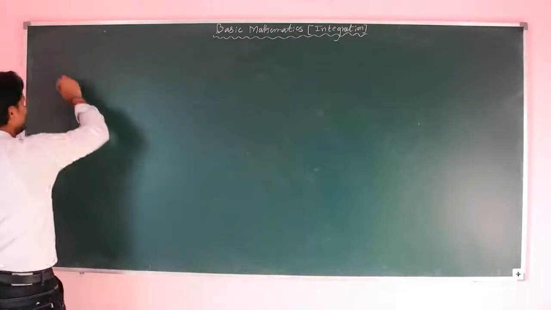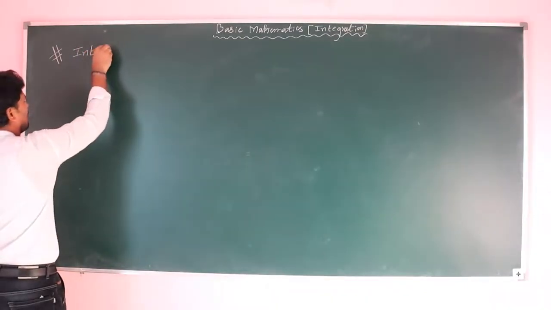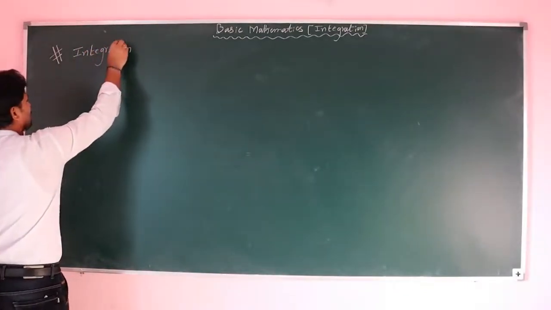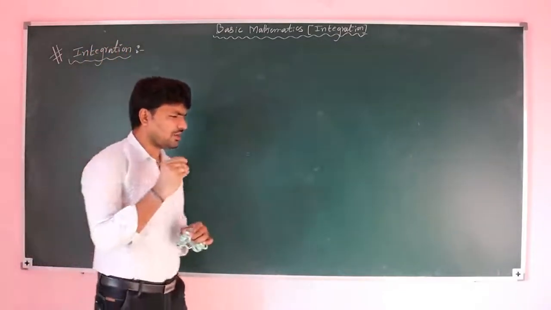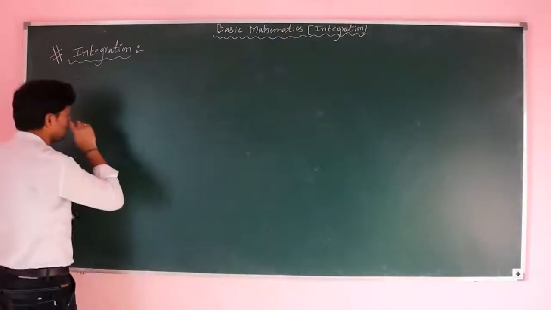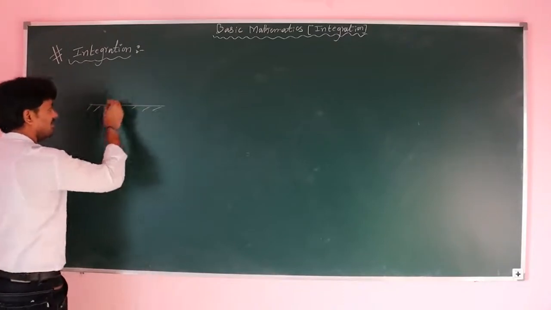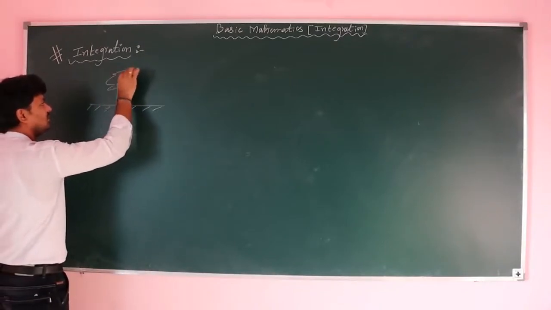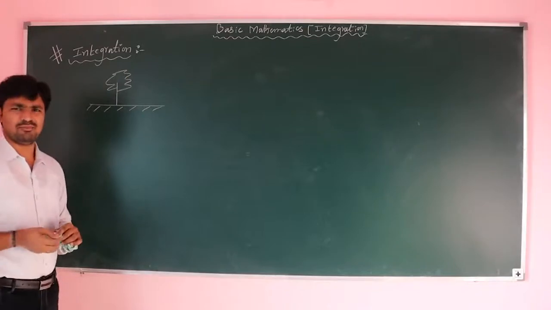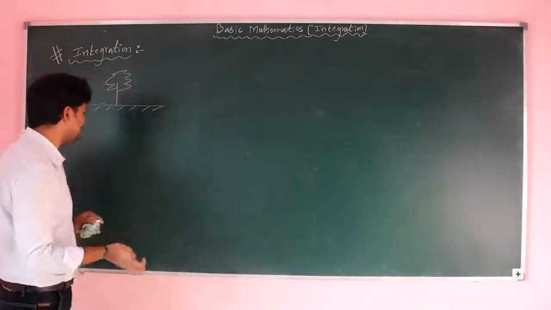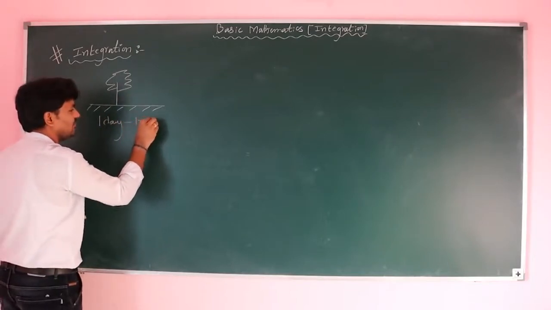So what exactly is integration? Integration is nothing but a summation, or a collection. For example, if you take a small plant and estimate its growth, how do we estimate it? Suppose in one day the plant grows by 1 millimeter.